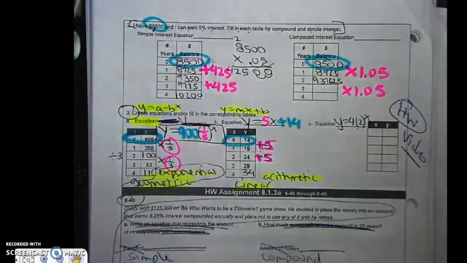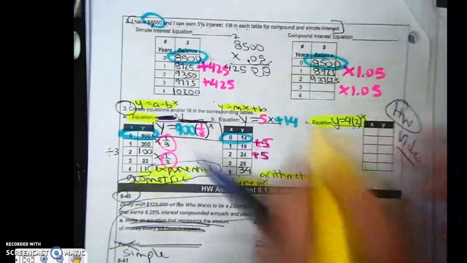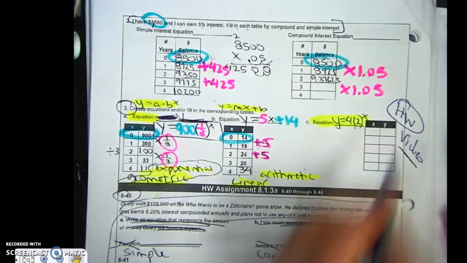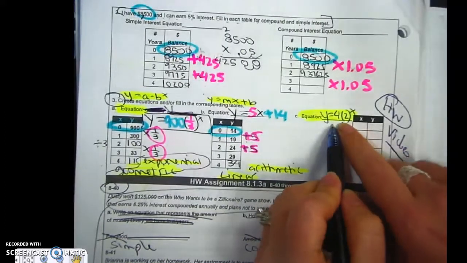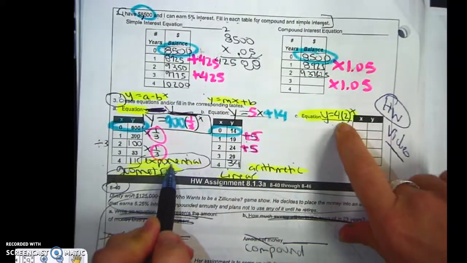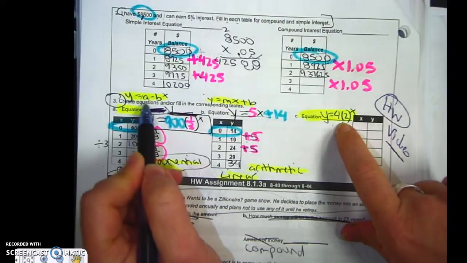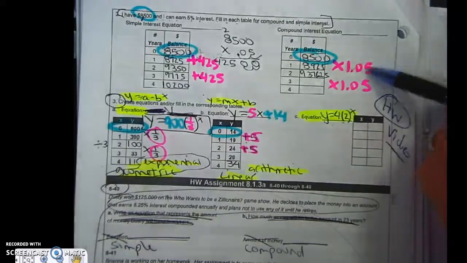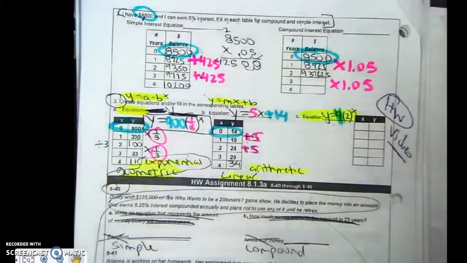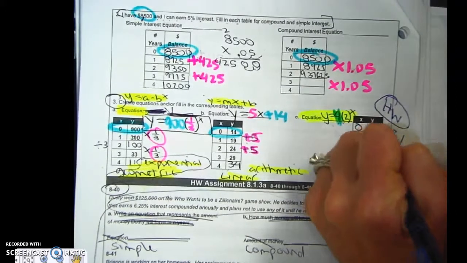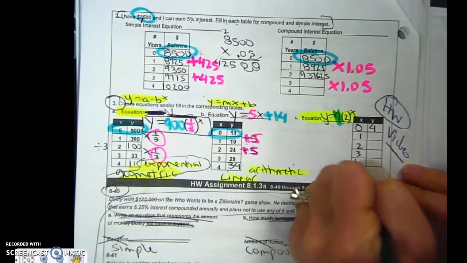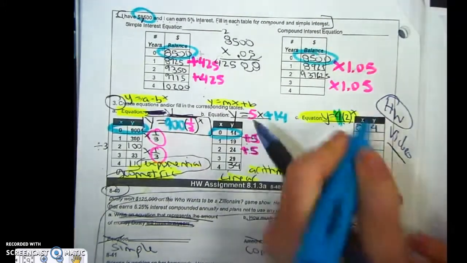This last one, this time I actually gave you the equation, and I want you to fill in the table. So I know that it is exponential. I know that it is geometric because it looks like this. I know that this is my start. So 0, 4, 1, 2, 3, 4. Okay, there's my start.